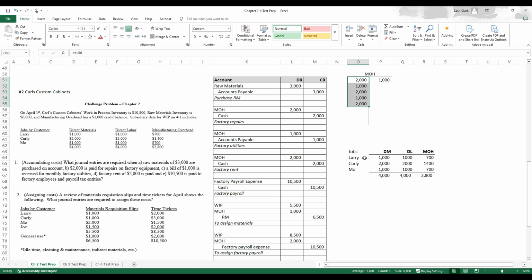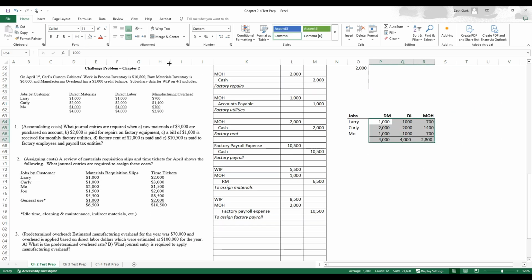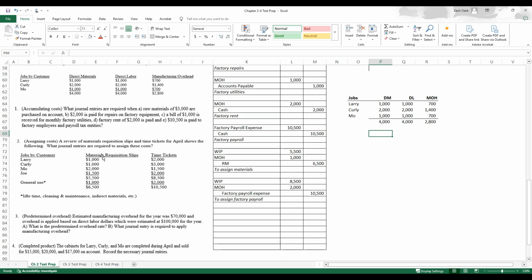This is our beginning balances by job at April 1st. And then we're going to add amounts into these beginning balances, which is what we were just doing with these journal entries. And then it tells us how much we're going to add in here.